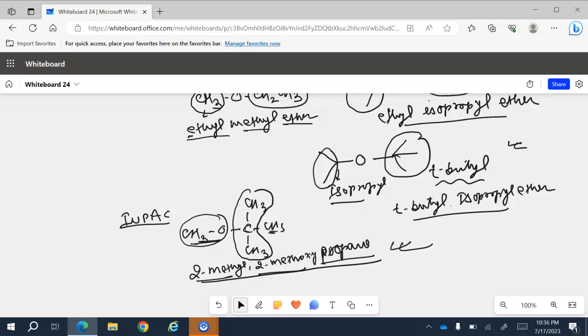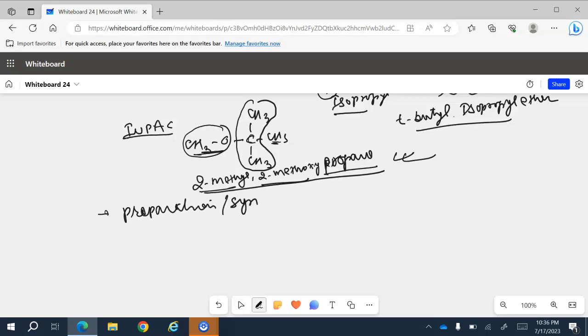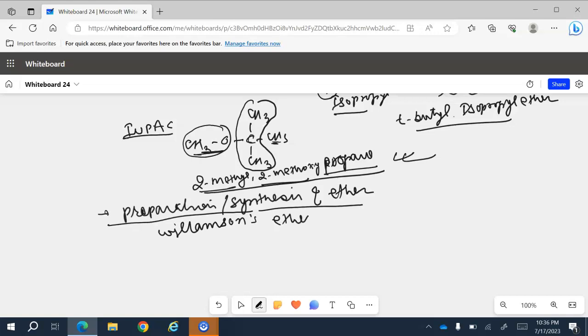Now the next topic we need to discuss is the synthesis, or you can also say preparation, of ether. One very popular way to prepare ether is what we call Williamson's ether synthesis. In Williamson's ether synthesis, first of all we have an alkoxide.